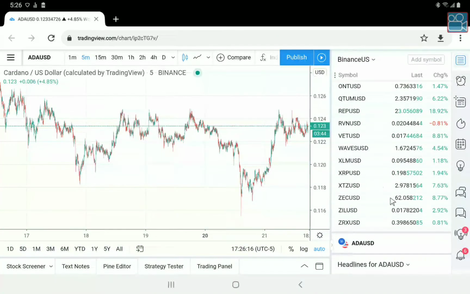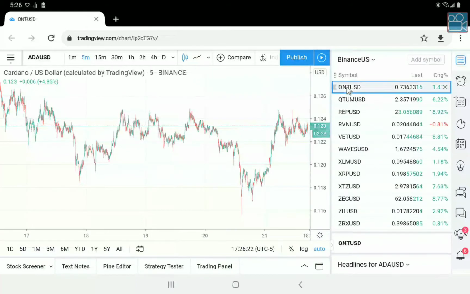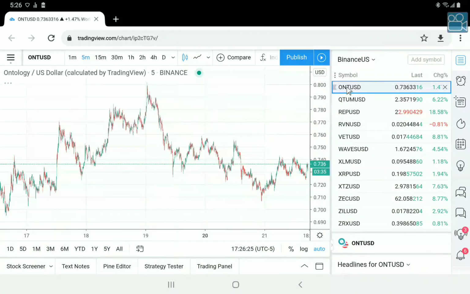So I'm going to go with ONT. It's not a coin I work with commonly, so I have no idea what its market is like.